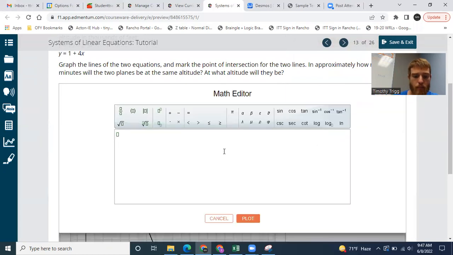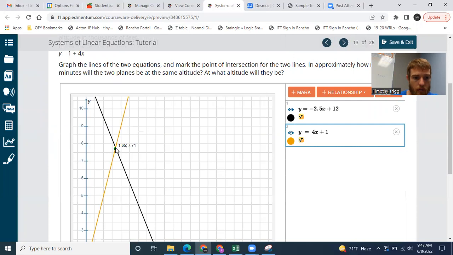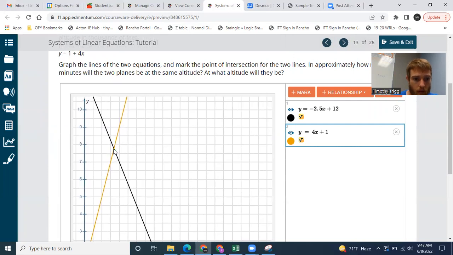Let's do the next one. Y equals, and what was it? 4x plus 1. Plot that, and we can see where the two lines cross. It looks to be at 1.67, 7.75. About.